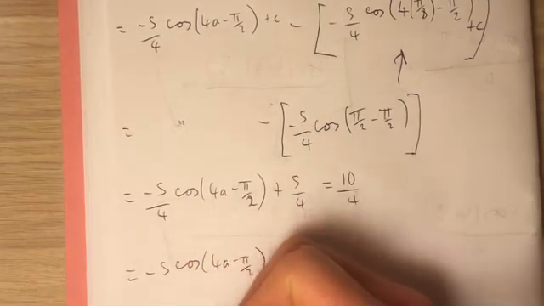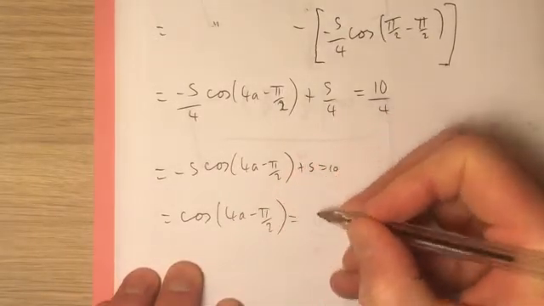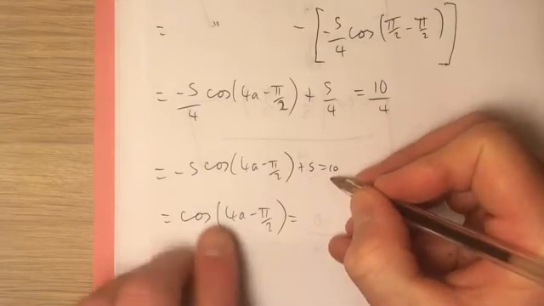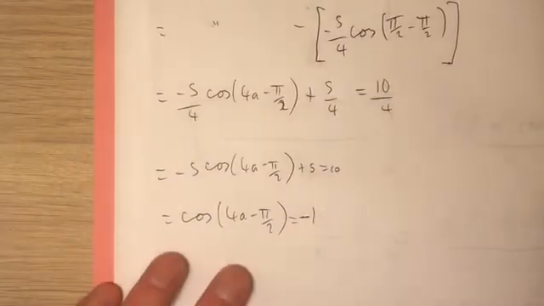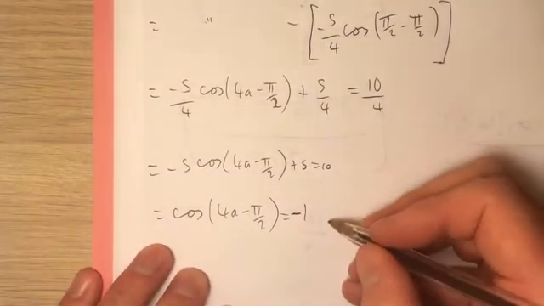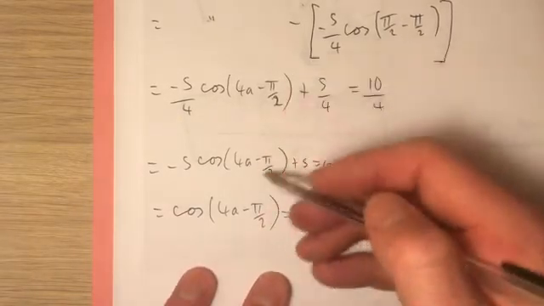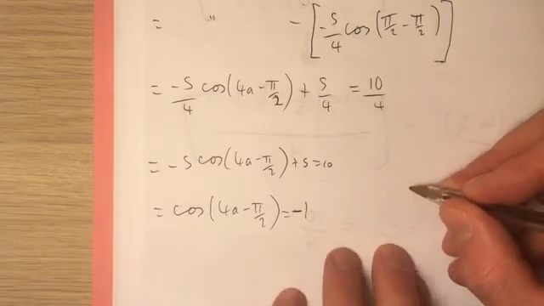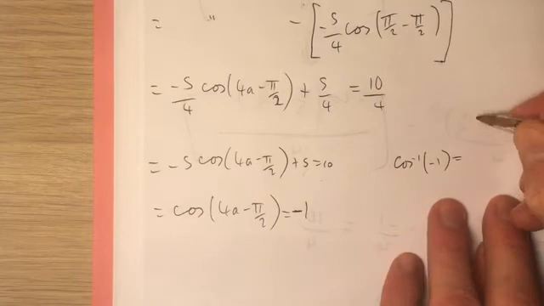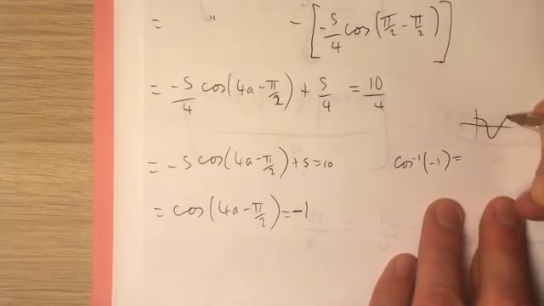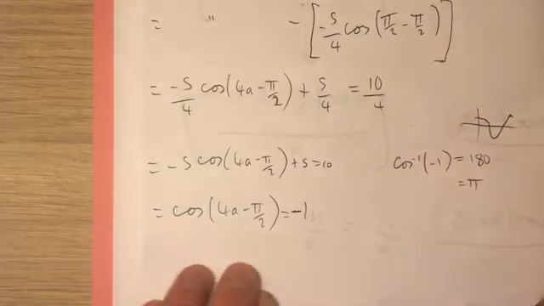And I'll have cos of 4a minus pi over 2 equals, so subtract the 5 and you've got 5, divide by minus 5 and you've got minus 1. Okay, now I'm going to do inverse cos of negative 1, and of course I've got these silly pi things, so I'm talking about radians. Inverse cos of negative 1, normally on the cos graph, that would happen at 180 degrees, which is pi radians, right?